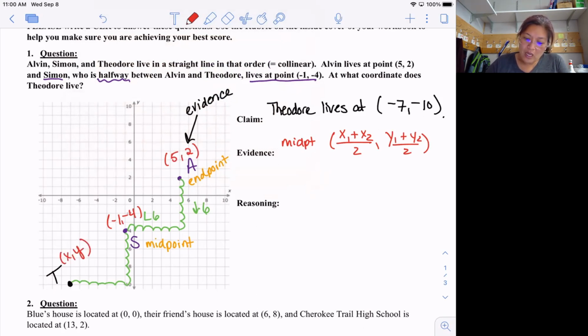So -1 equals (5 + x) over 2, and -4 equals (2 + y) over 2, and you can solve from there. So we've already now identified our claim, where Theodore lives, our evidence, how we got that answer, and now we have our reasoning.